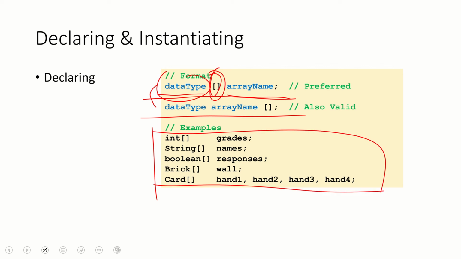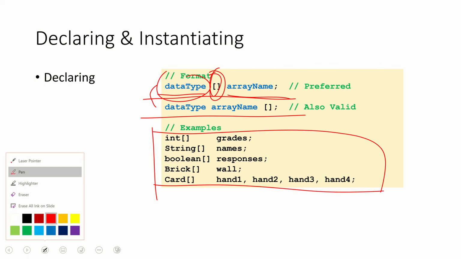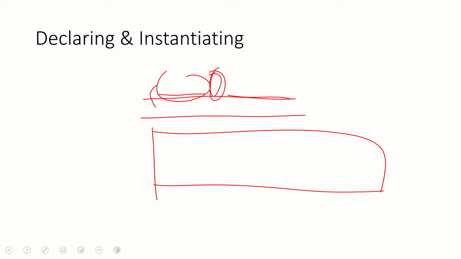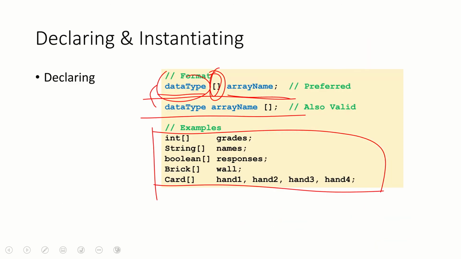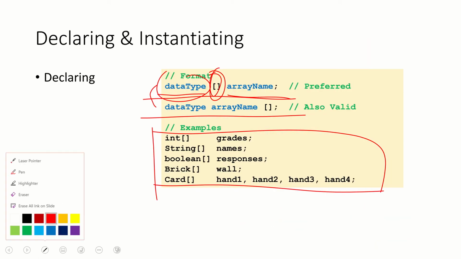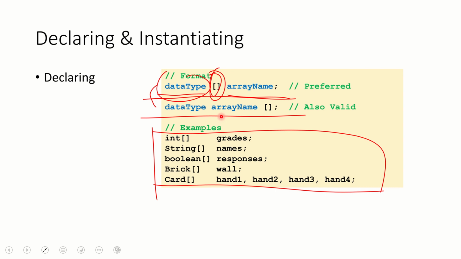In the example, you can see here, first is the data type, then is the array name. This bracket you have to include.